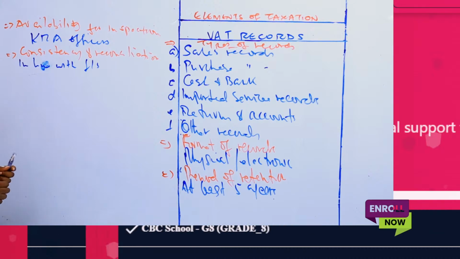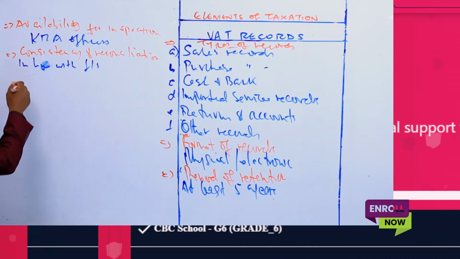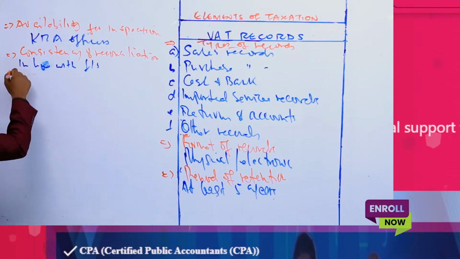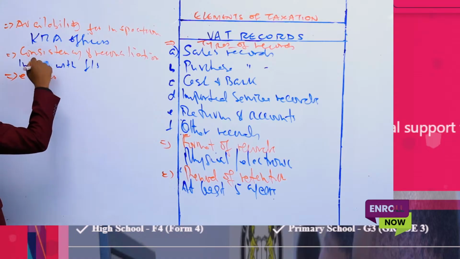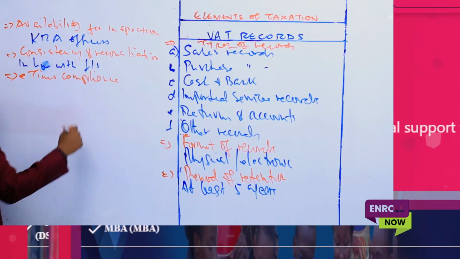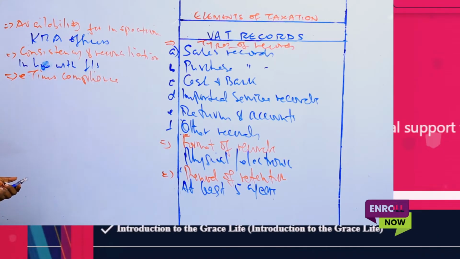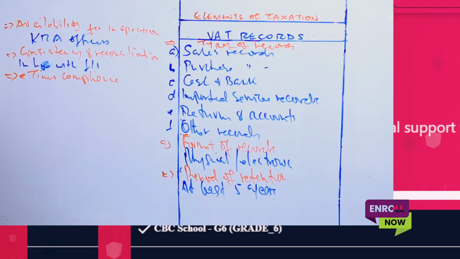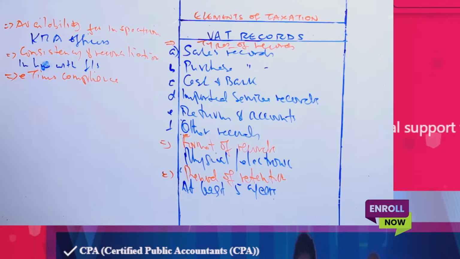Then the last important point here is E-TIMS compliance. Now, since August 2021, all VAT registered taxpayers are required to use E-TIMS. E-TIMS means Electronic Tax Invoice Management System.